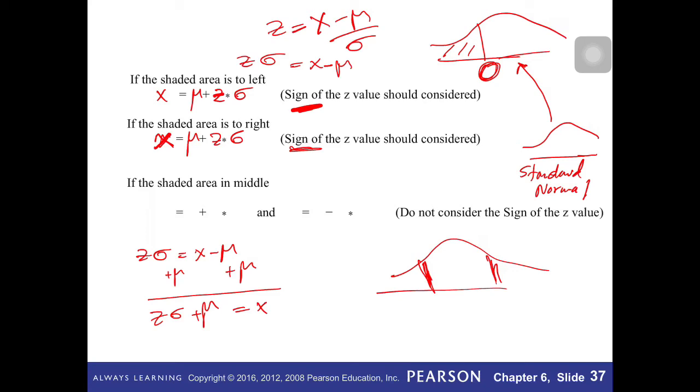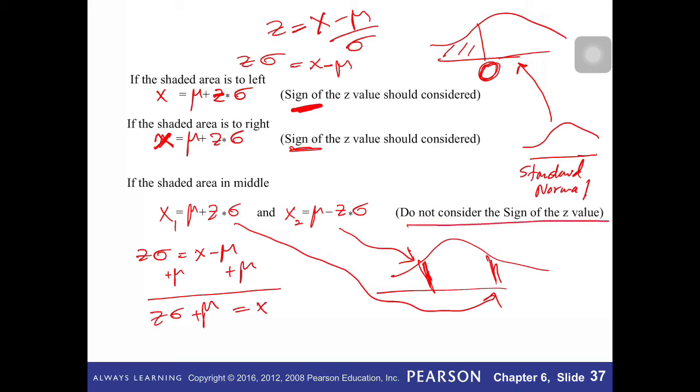For the shaded area in the middle, you have to consider both mu plus c sigma and mu minus c sigma, let's say x1 and x2, two values. So this goes to here and this goes to here. In this case please do not consider the sign. In this case they have considered the sign, that's why you have negative here. So don't consider the sign in this case. Please keep that in your mind.